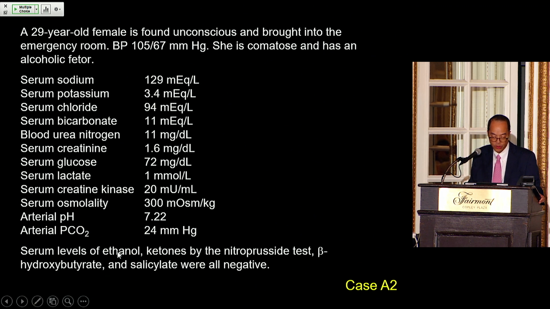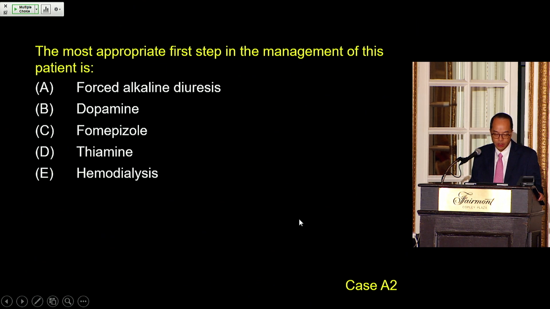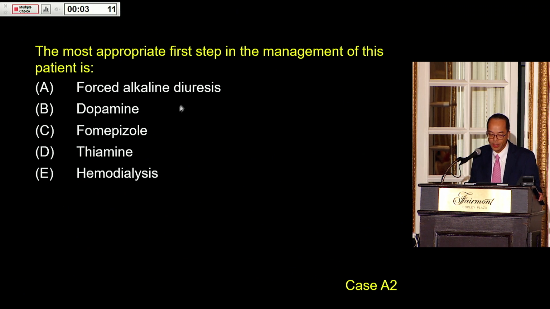And serum levels of ethanol, ketones, beta-hydroxybutyrate, and salicylate were all negative. So, the most appropriate first step in the management of this patient, is it forced alkaline diuresis, dopamine, fomepizole, thiamine, or hemodialysis?